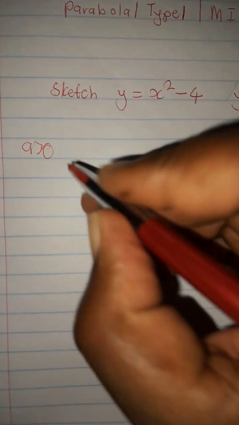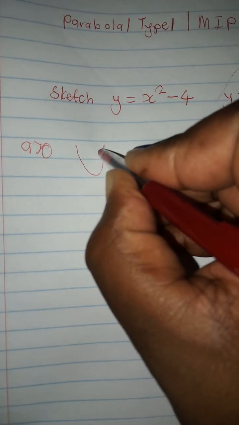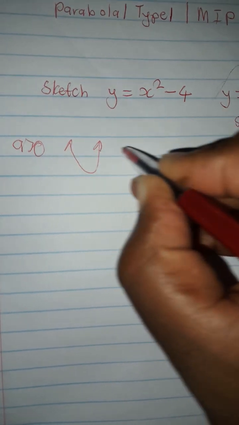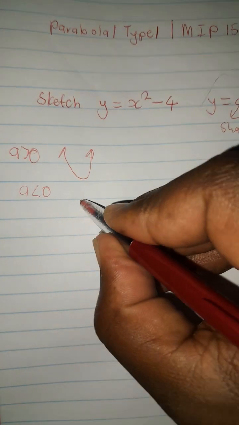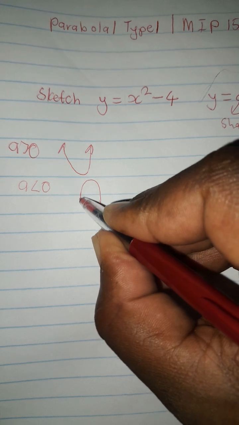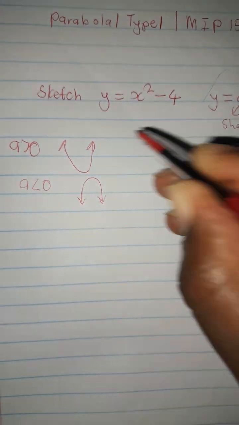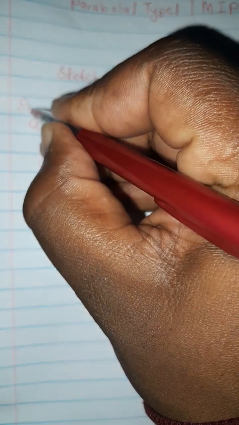So when a is greater than 0, your graph will be a smiling curve. But when a is less than 0, let's say we were having negative x squared, the graph will frown, or it will be a sad face, concave up and concave down. So that's the first thing that you should look at, the shape.